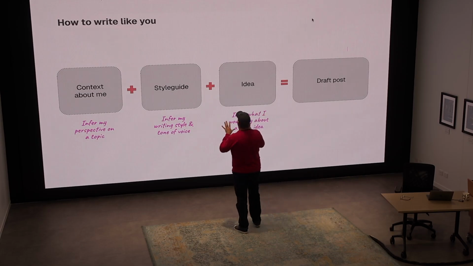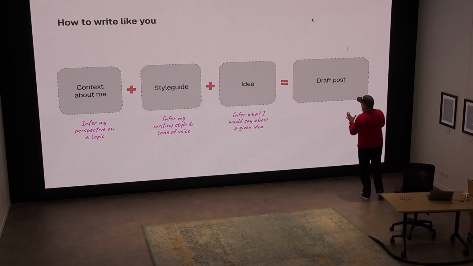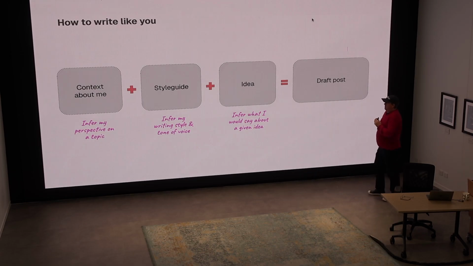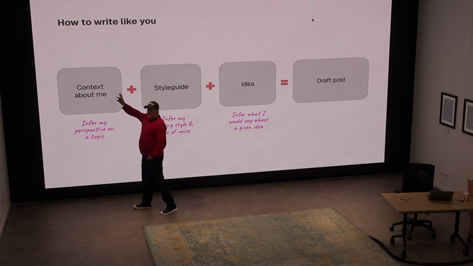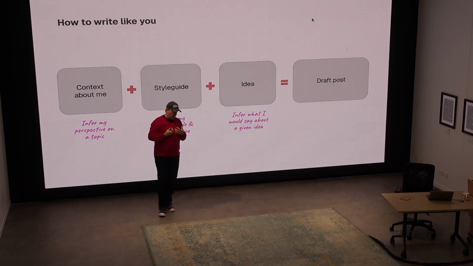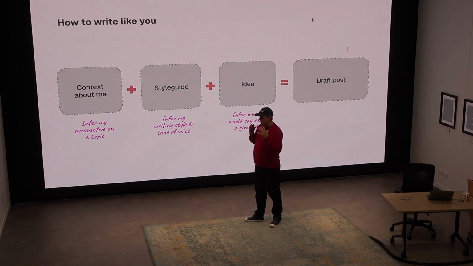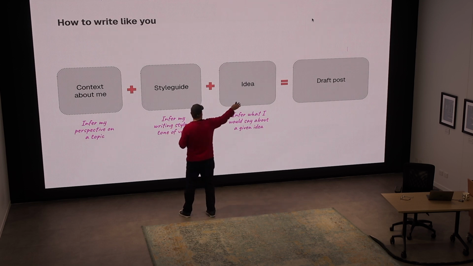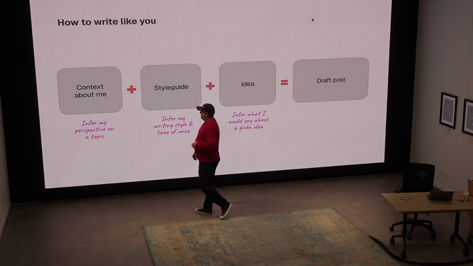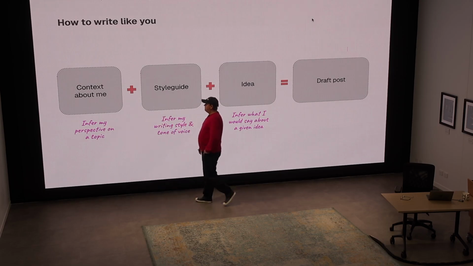So I see this as the basic recipe to get a decent draft post of just about anything, including an email. The building blocks are, first, some context about me, i.e. my job, my role, the organization I work for, the lens through which I look at producing those posts. You're never going to be able to write like me if you can't infer my perspective on a given topic.